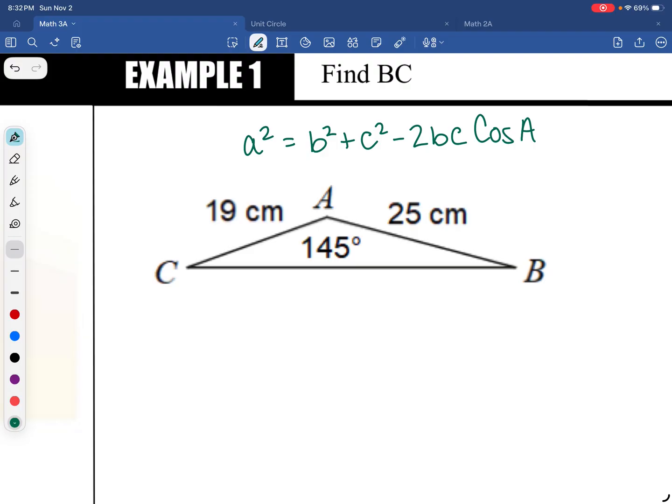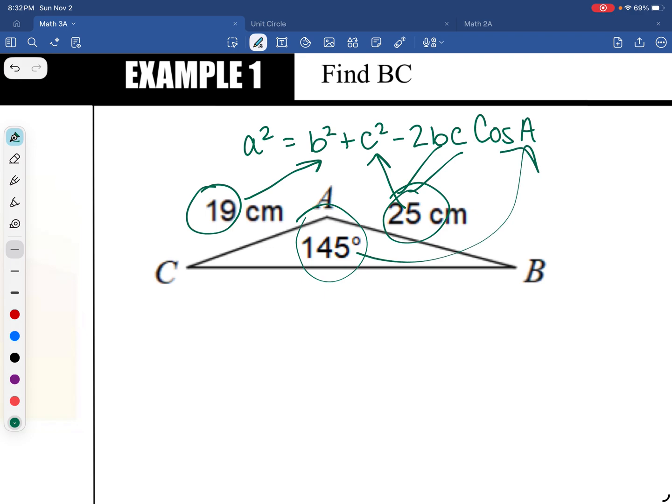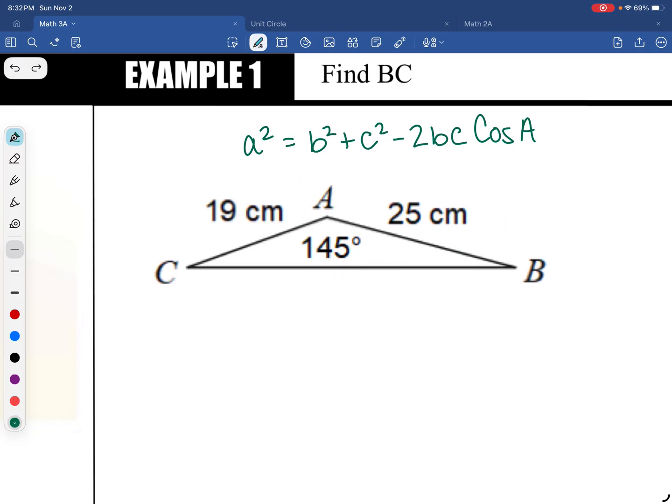But when we know the angle, that's actually the easiest, because we know what one side is, we know what another side is, and we know the A. So we basically know everything on the right side. We just have to plug everything in, so it's going to be pretty straightforward.